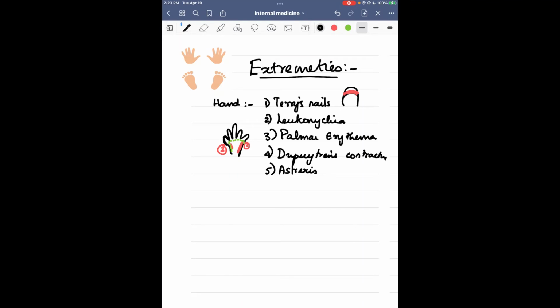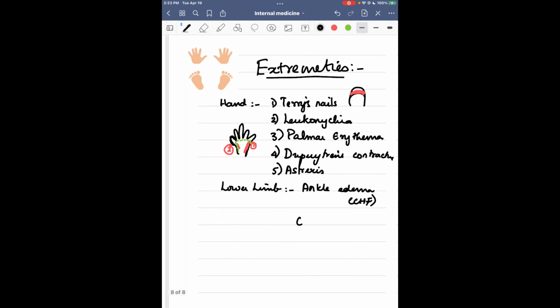And then in the lower limb, what are the findings that we can look for? We can see ankle edema if there is associated congestive heart failure or even in severe portal hypertension. And then peripheral cyanosis, again seen in congestive heart failure.